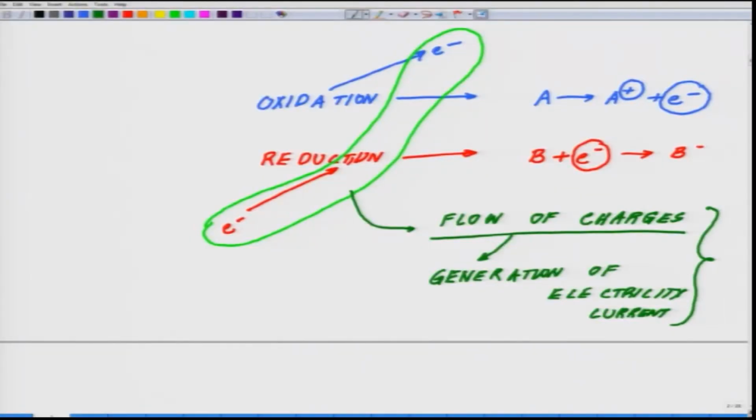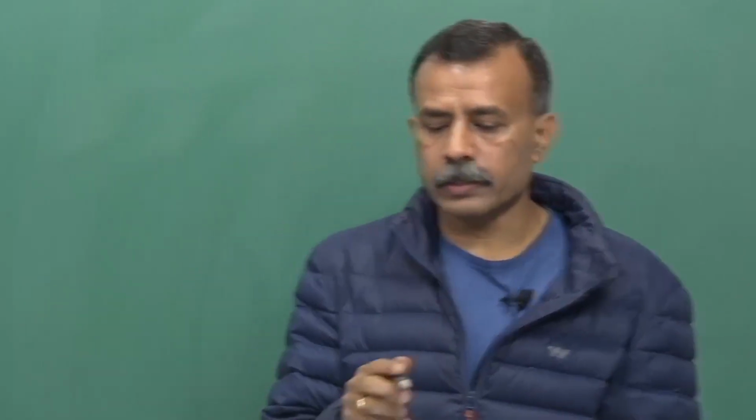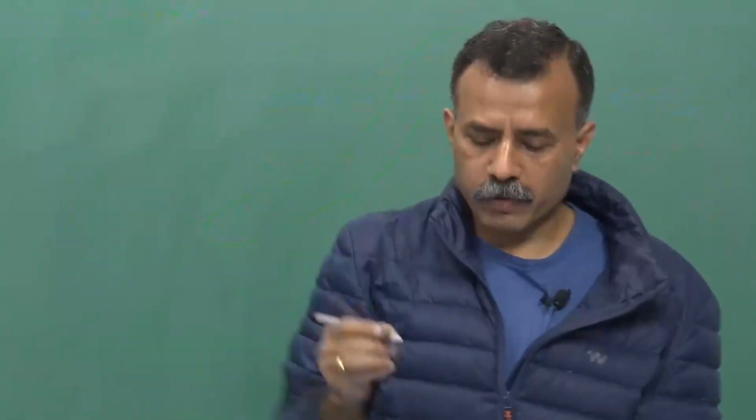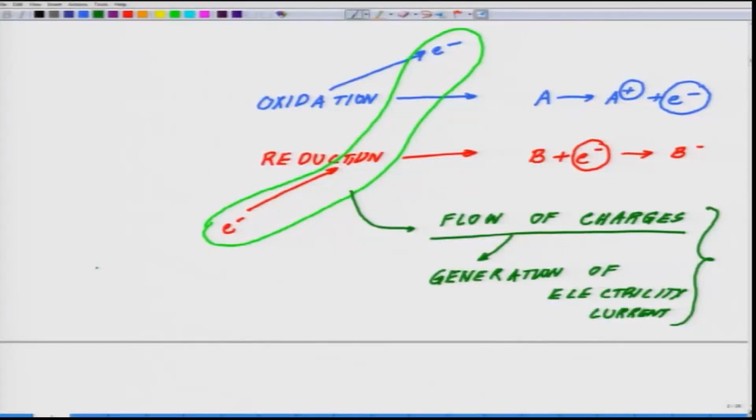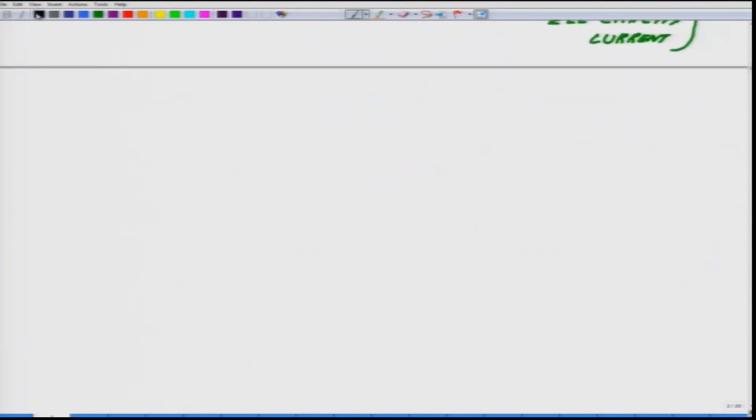In other words, there is a current which is generated due to the mobility or movement of the charged particles. Now, let us take a much simpler example.